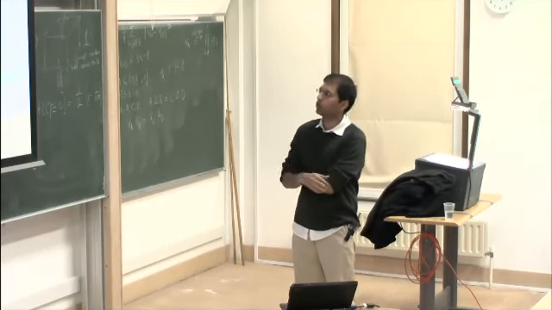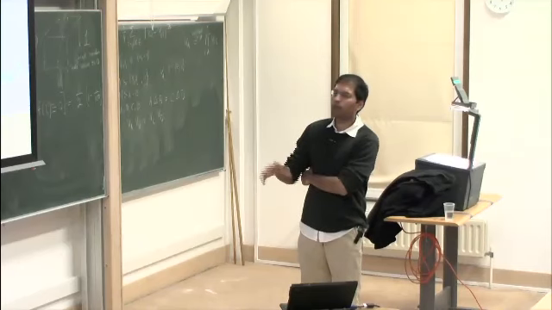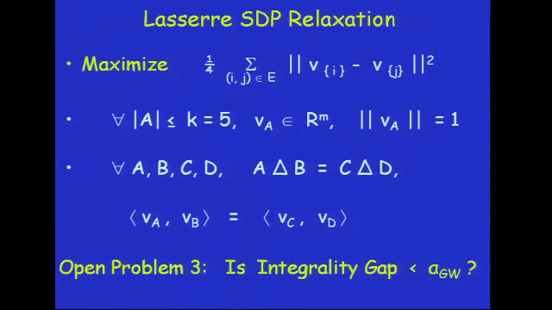So does this improve on the integrality gap? Can you show that the integrality gap is strictly less than this alpha sub GW? If you show this, then you have actually disproved the unique games conjecture, because the unique games conjecture implies that no approximation algorithm can achieve a guarantee beyond this, and in particular this one.